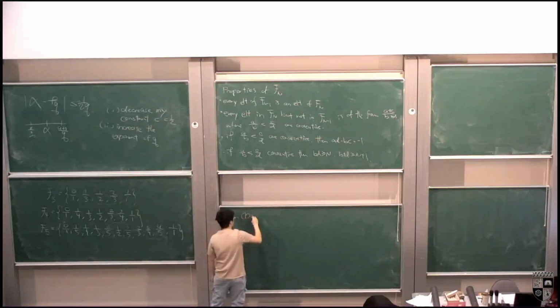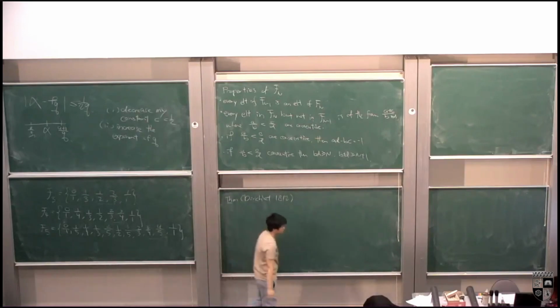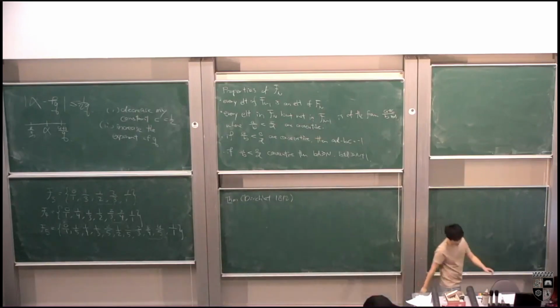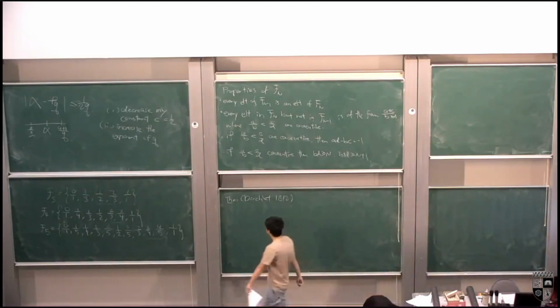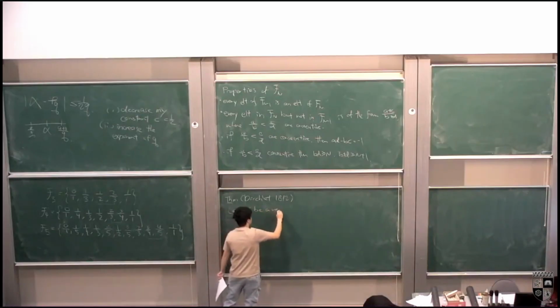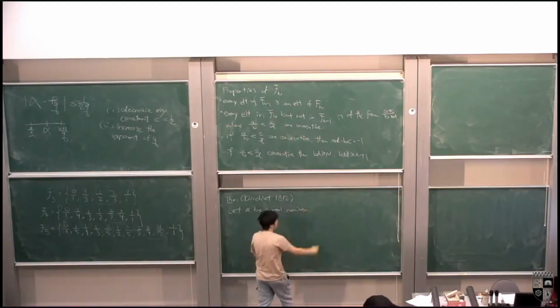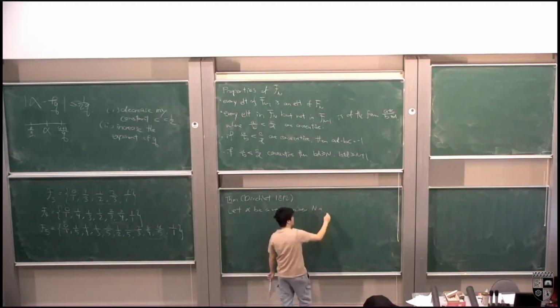This is Dirichlet, 1842. I've forgotten the statement already, so that's not very nice. So let alpha be a real number and n a positive integer.